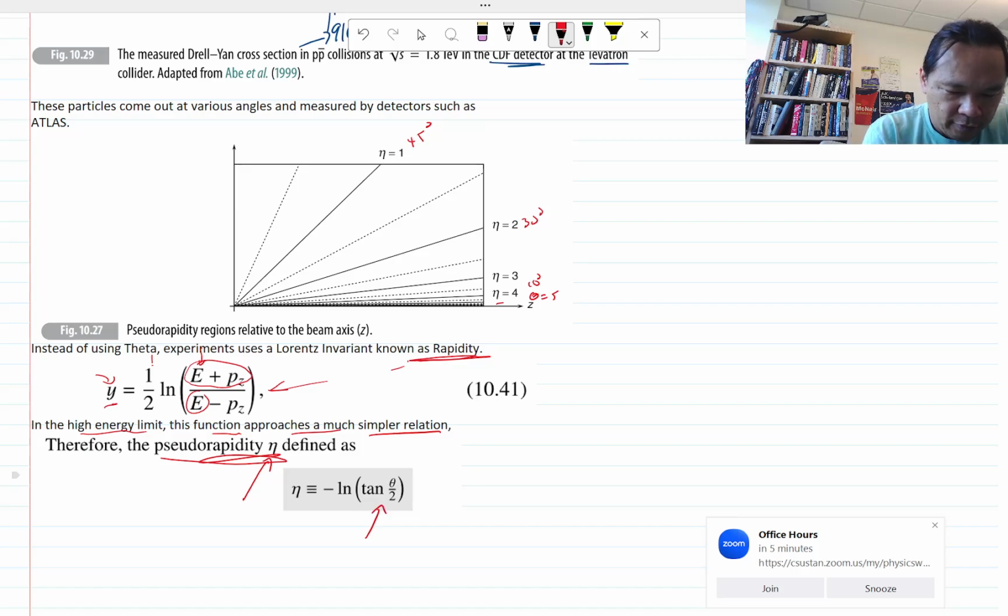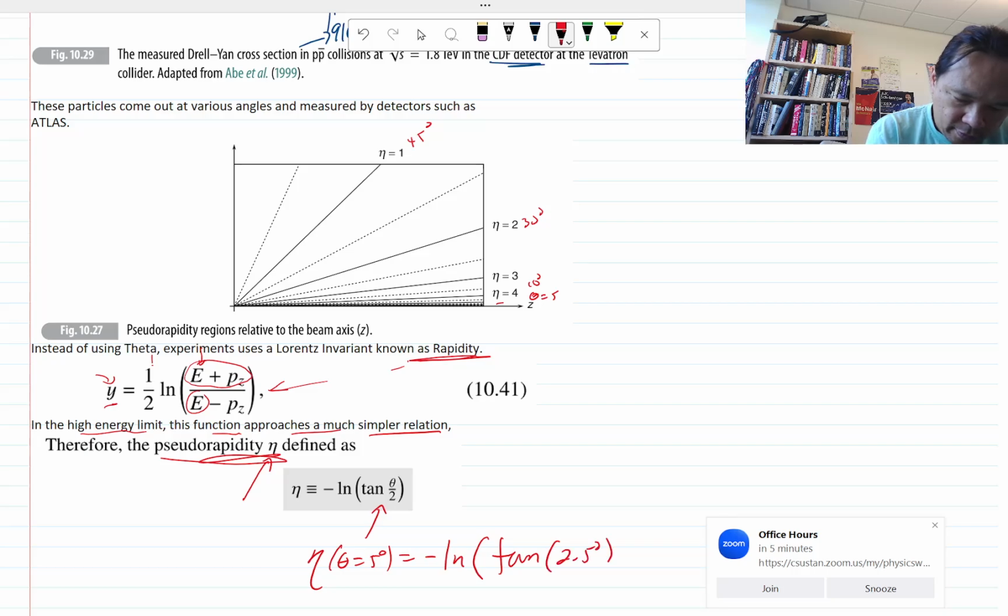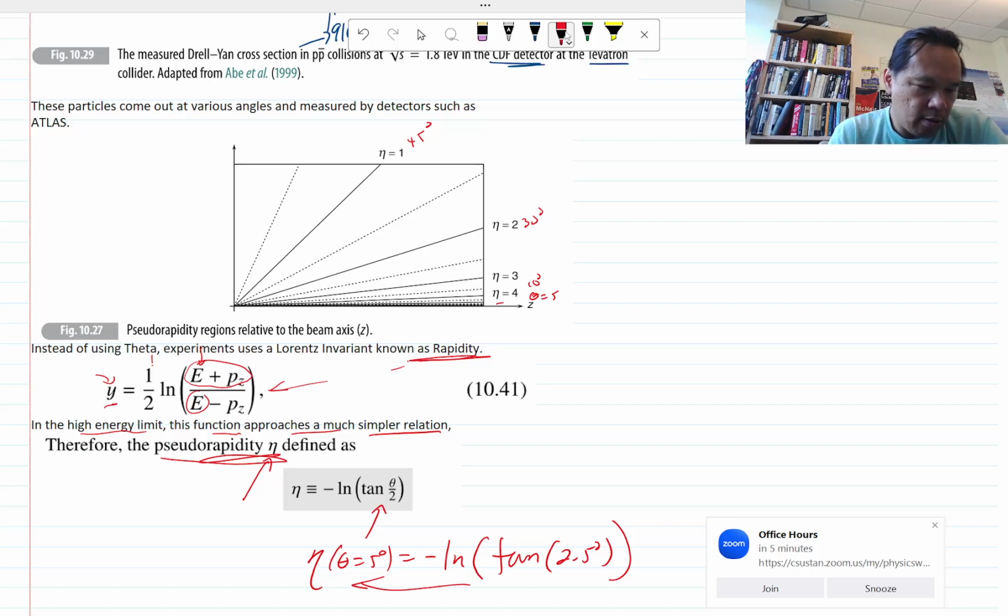So if you want to calculate eta for theta equals 5 degrees, you just plug it into this formula, 2.5 degrees, and then you have that value. This is approximately what rapidity is in the high energy limit, which is where we are most of the time anyway if you're smashing things together at 14 TeV.